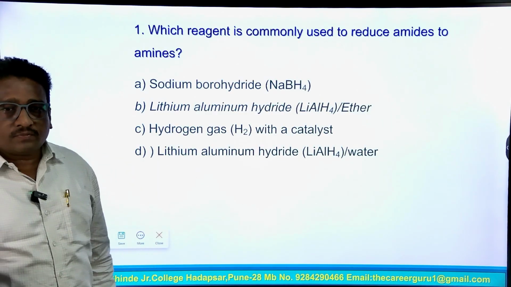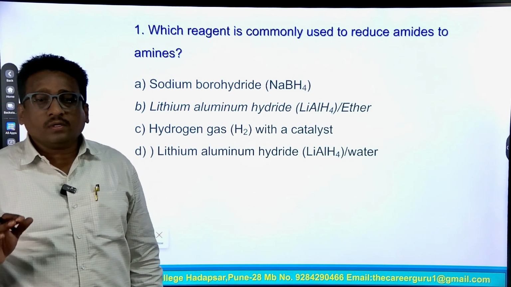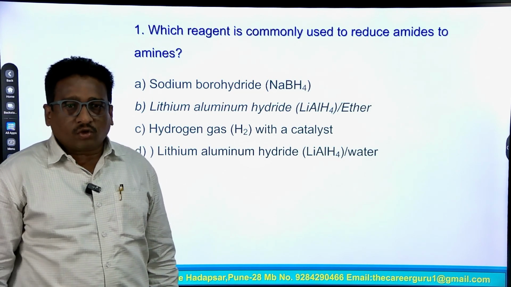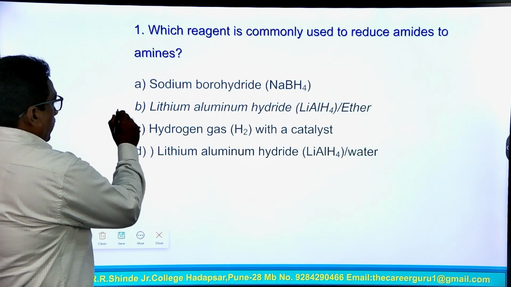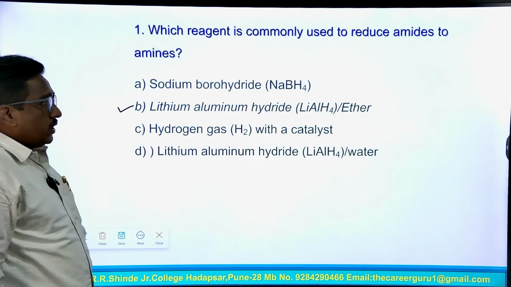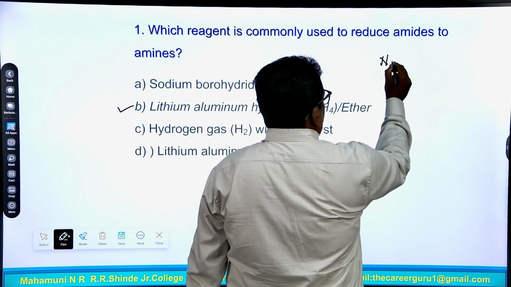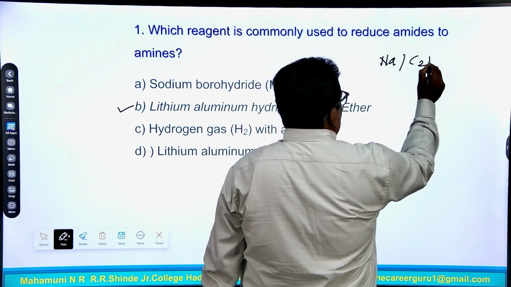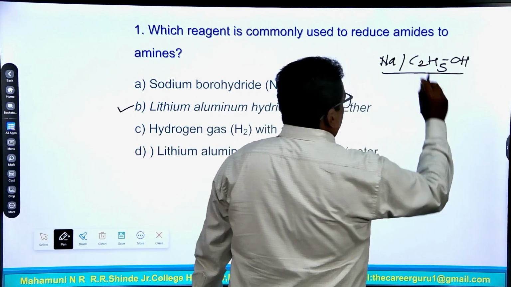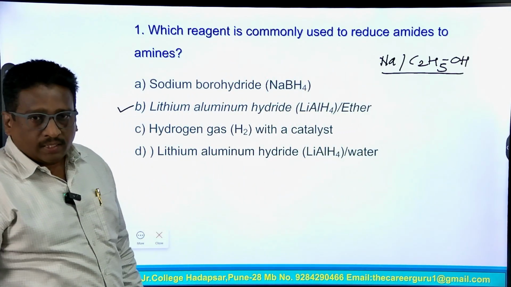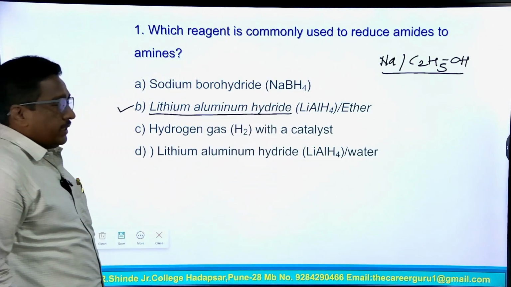Out of these four options, the correct option is B, because in the reduction of amide we use lithium aluminum hydride or sodium metal in ethanol. These two reagents are used for reduction of amide, hence the correct option is lithium aluminum hydride in ether.